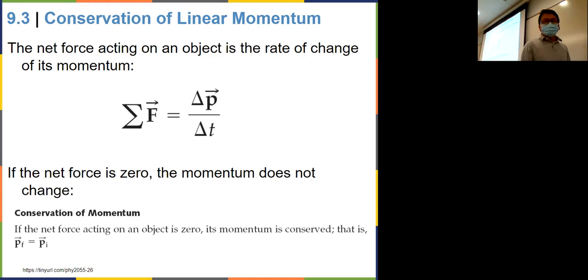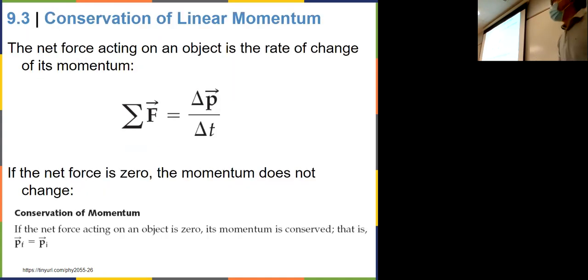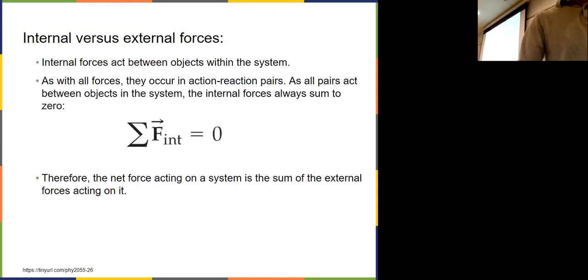Okay, so then you can write initial momentum equal to final momentum. And again, because it's a vector, if you have x and y directions, then you'll write them separately. Momentum in x initial should be equal to momentum in x final, and the same for the y direction. Okay, initial should be equal to final.